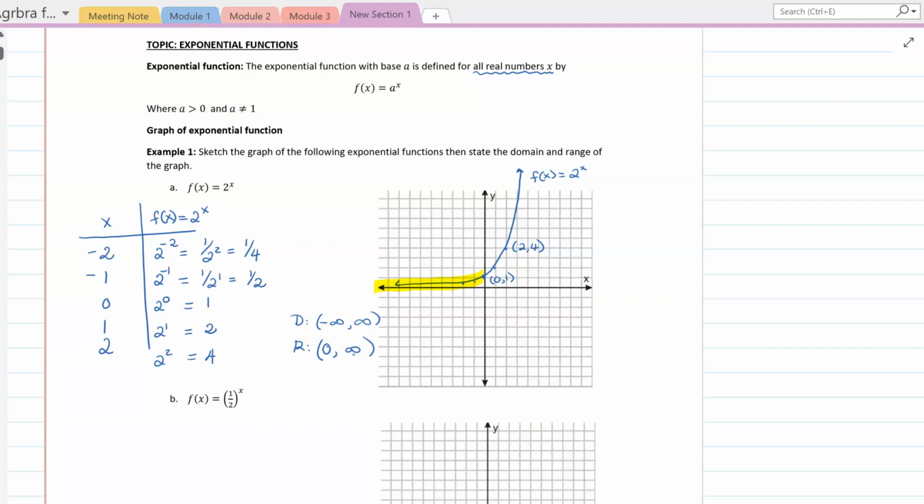So let's just think about this. Let's say you pick x to be -1000. Then f of x can be evaluated as 2 to the -1000. This is 1 divided by 2 to the 1000. This means 1 divided by a very large number.